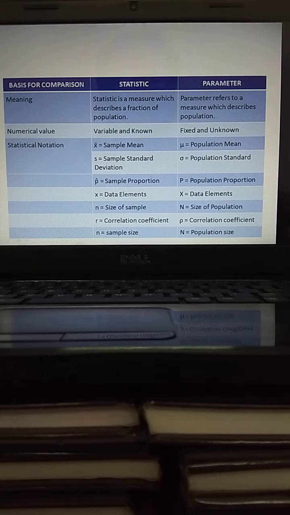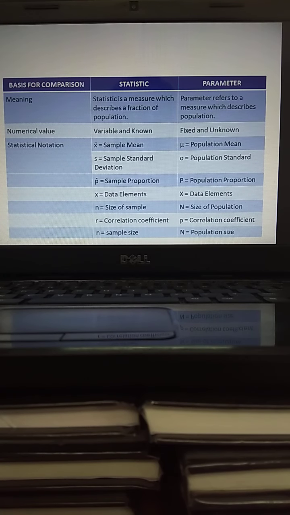Now look here. From now onwards, you have to be very careful about the notations. All the sample information will be denoted by lowercase alphabets and lowercase Greek letters. Same way, for all the population information, uppercase English alphabets or uppercase Greek letters will be used.